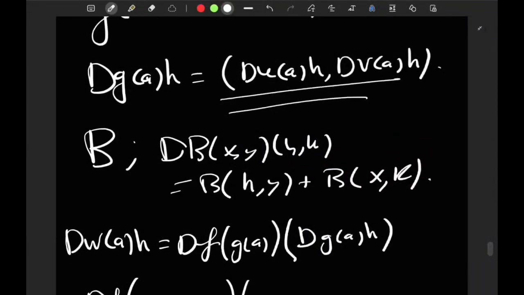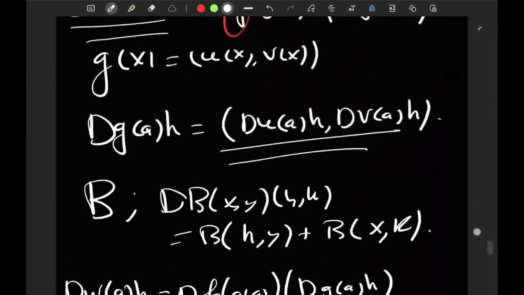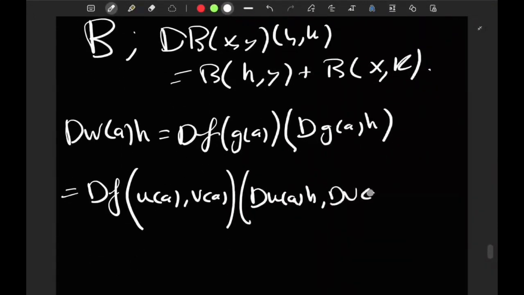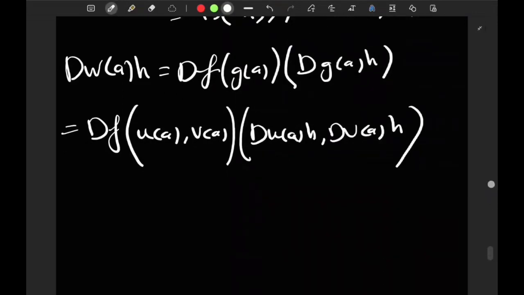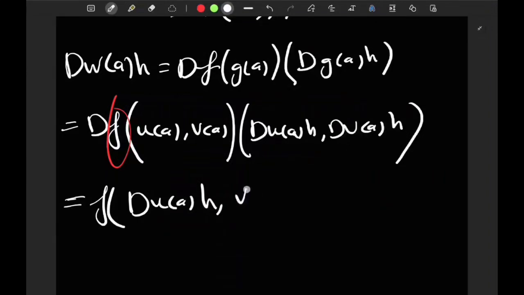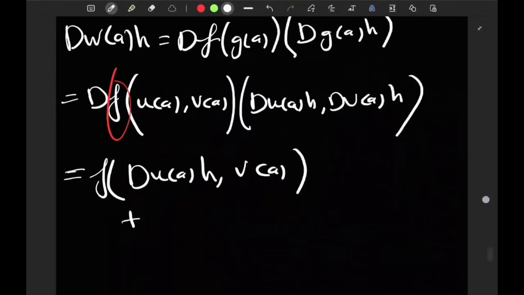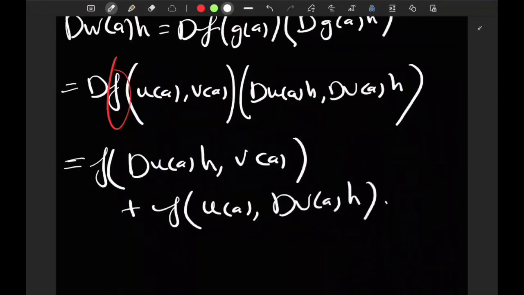This is just this thing here: dU at A H, comma, dV at A H. And well, by the formula of the derivative of a bilinear map, this is just F of dU at A H, comma, V of A, plus F of U of A, dV at A H, which is exactly the thing we wanted to prove.